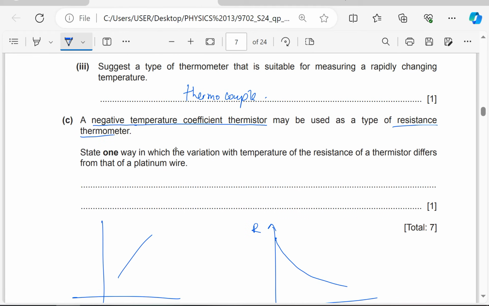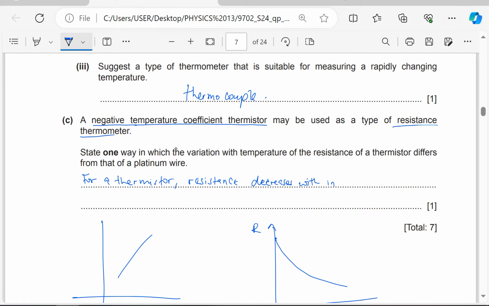So I'll simply say for a thermistor, they have even told us it is negative coefficient, which is enough to tell us that for a thermistor, resistance decreases with increasing temperature.